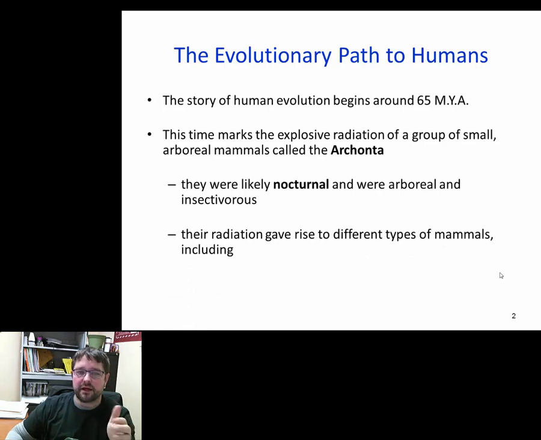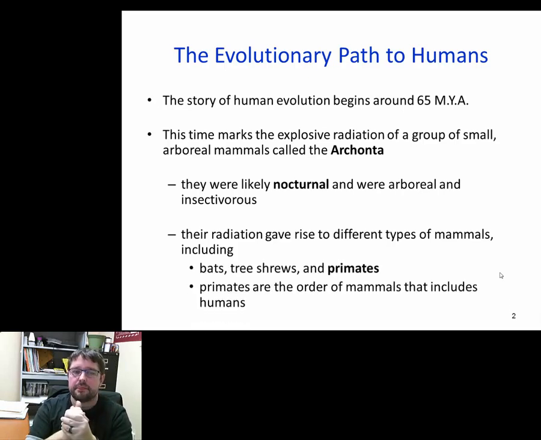Now, through this line, it gave rise to a lot of other mammals. So this is kind of the beginning of this adventure of primates into the trees and into the livelihood of being insectivorous, and then eventually being omnivorous and eating both plant and animal products. Okay.